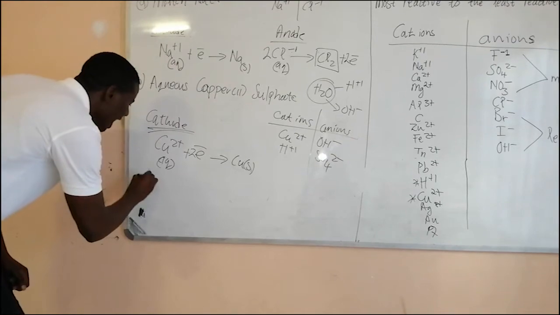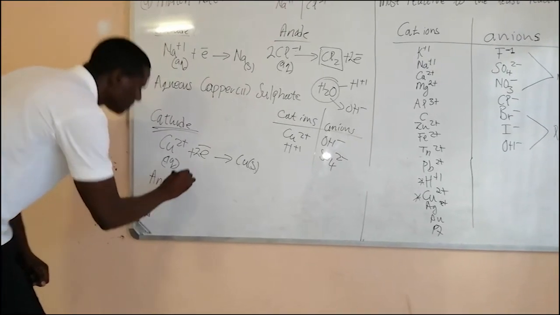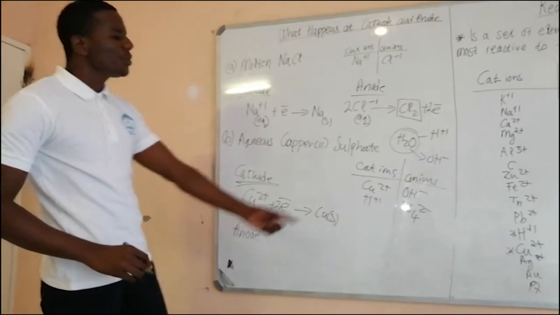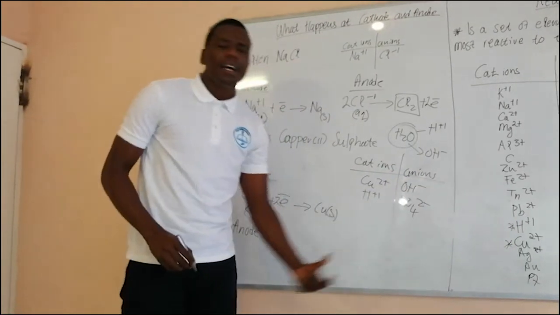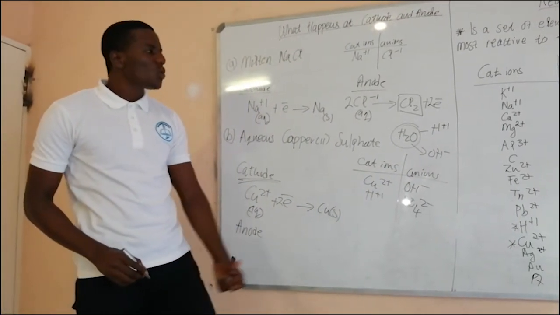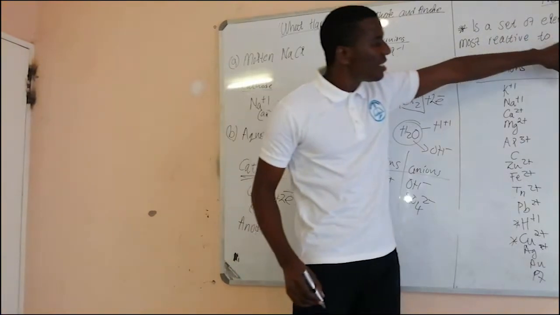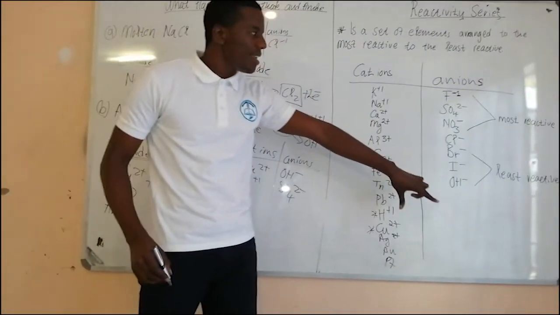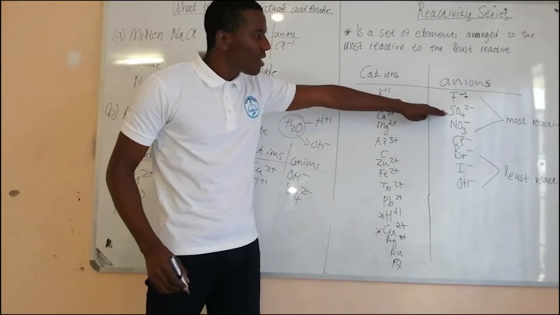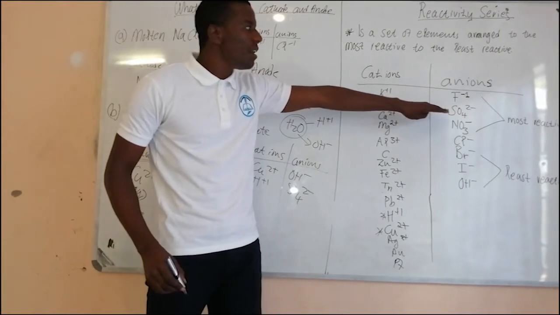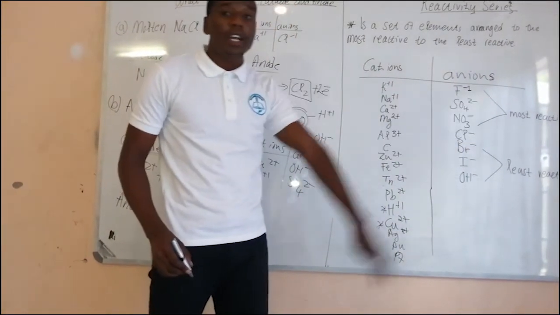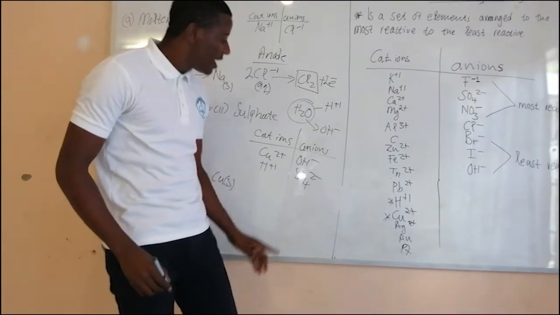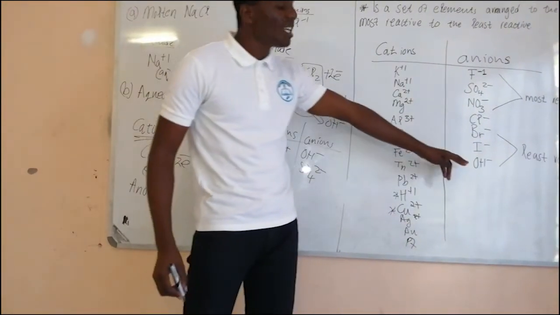And then we have the anode. Now, what is going to happen at the anode? We check our anions. So we look at our reactivity series of the anions. We see that we have sulfate, which is one of the most reactive ions that we have, and then we have OH-, which is the less reactive.